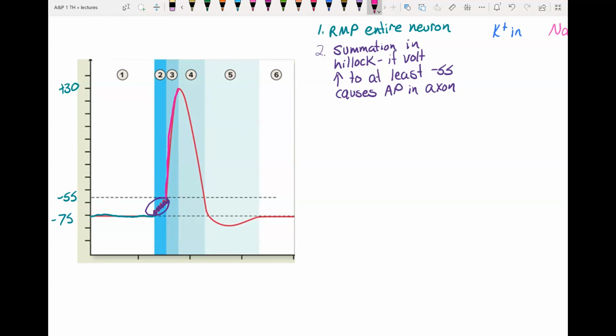So the voltage is going up. So this is when the sodium gates open.